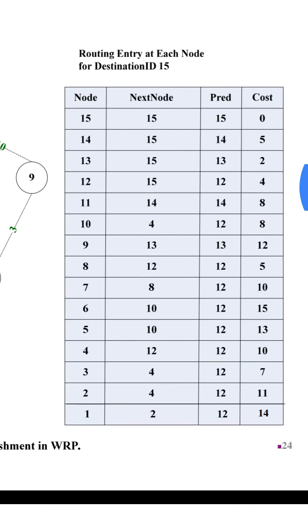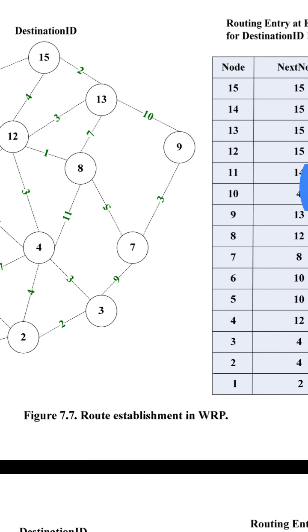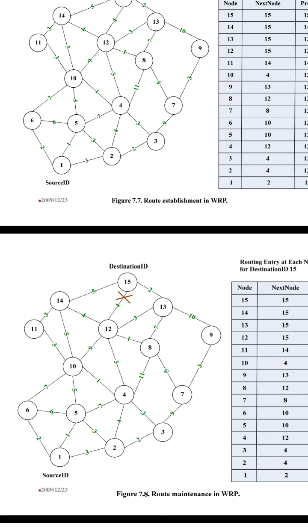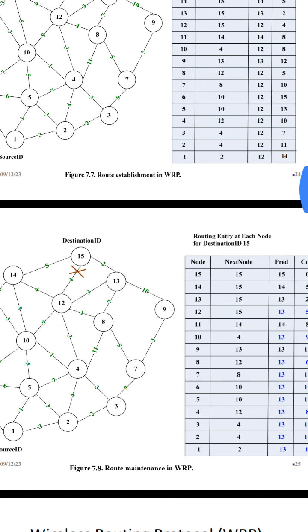Like this, in the routing table we maintain each and every piece of information in the wireless routing protocol. In this protocol, we reach the destination with the best, that is the minimum, cost. Suppose the problem is that one link fails, the link between 12 and 15. So the 12 to 15 link is broken.